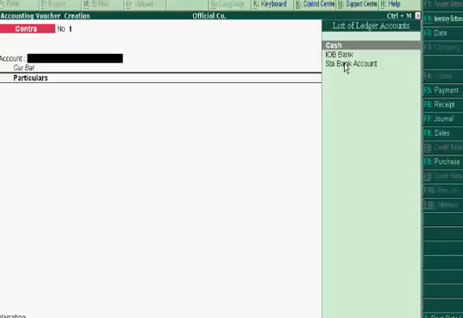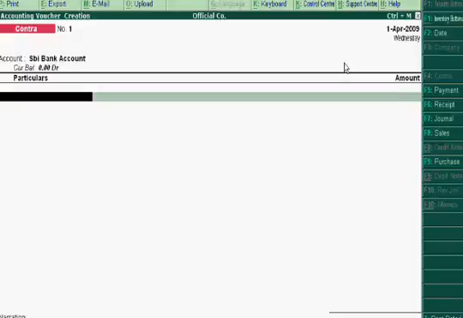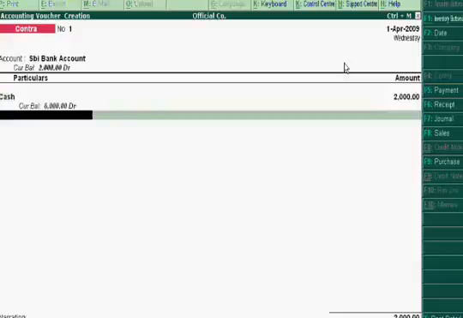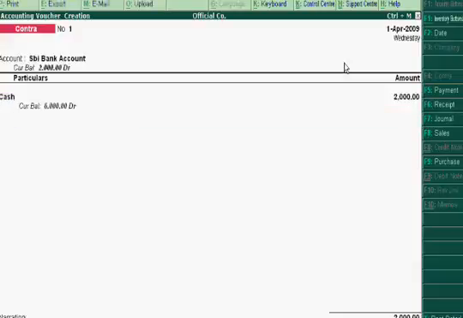Suppose if we want to deposit money in any other bank, we have to create that bank account. In this voucher entry, suppose we deposit money of 1,000 in the SBI account, so write it here. And we are depositing cash, so write here rupees 2,000 we are depositing. Narrate it and accept it.